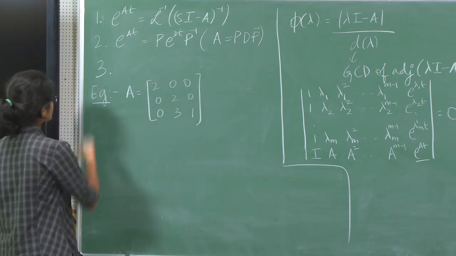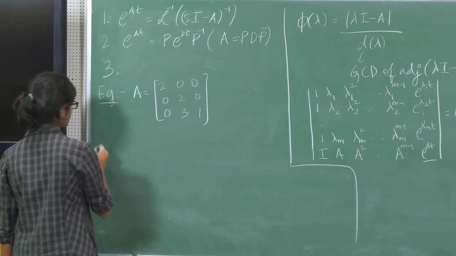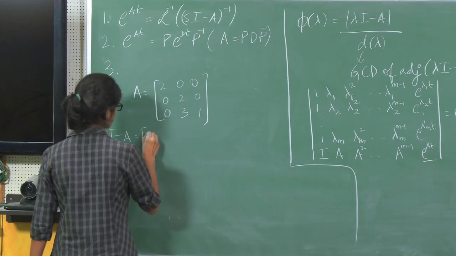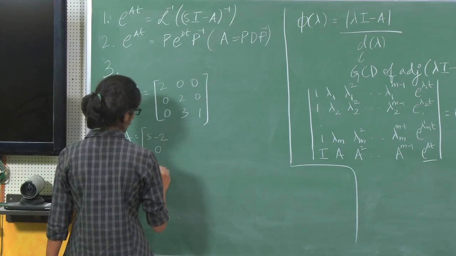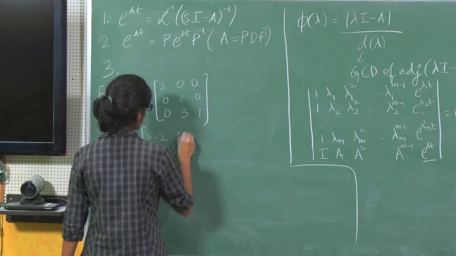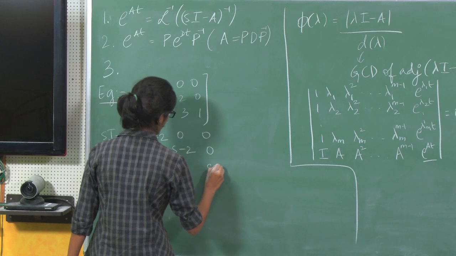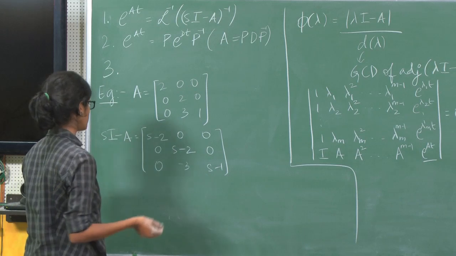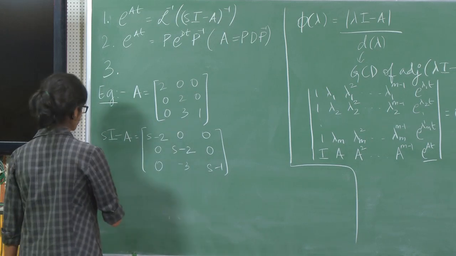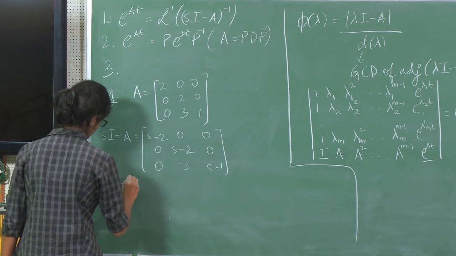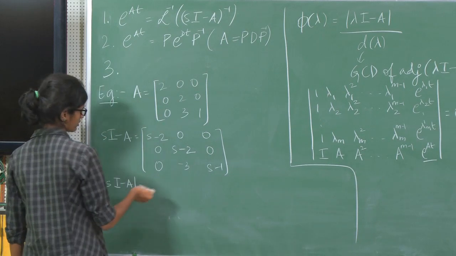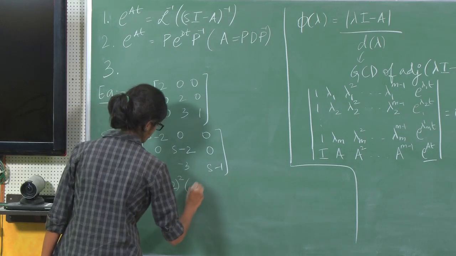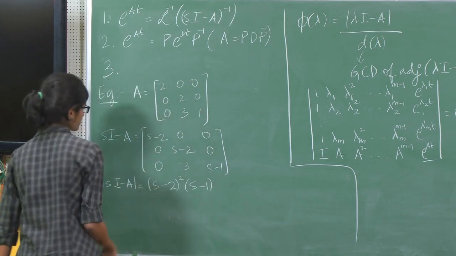So we'll start with the first method, which is just using inverse Laplace transforms. So sI minus A is, and minus C. To find the inverse, sI minus A inverse, you first calculate the determinant, which turns out to be just the product of diagonal terms, s minus 2 whole square into s minus 1.